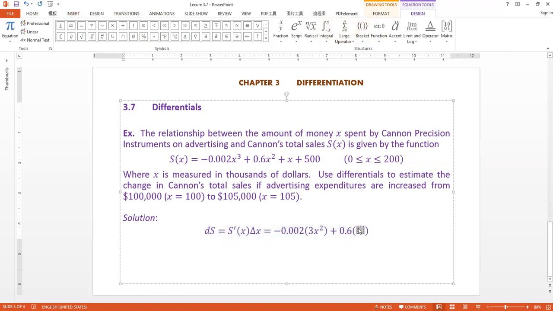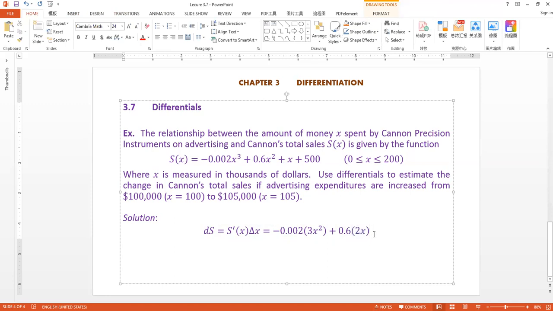Using the power rule again, we got n times x to the n minus 1, and n is 2, so we get 2 times x to the 2 minus 1, which is 1. So we got x to the 1, but x to the 1 is just x, so the second term is just 2x. And the derivative of x is just 1, okay.